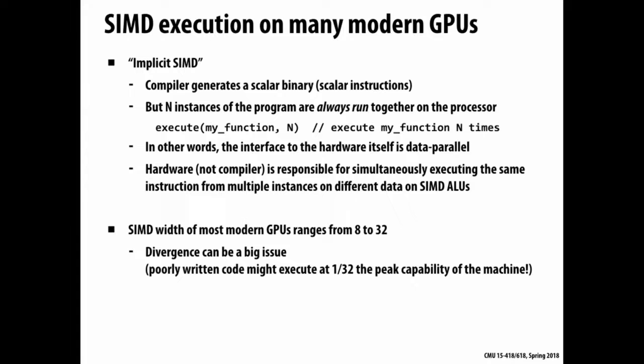And that's sometimes referred to as the SIMD width, which, as it mentions, ranges from 8 to 32, but currently most of them are 32. And so they are using the SIMD as this low-level implementation issue. And we'll see that this divergence is something that you have to, as a programmer, be somewhat sensitive to.